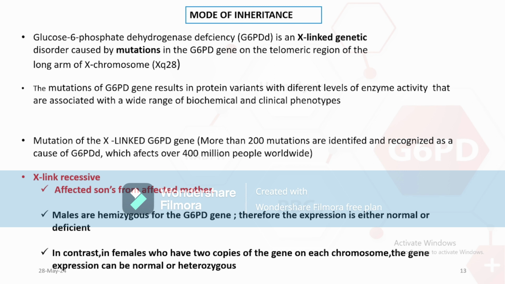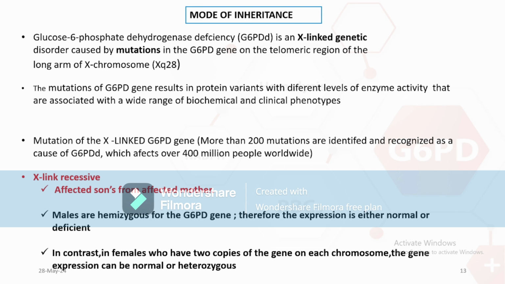This condition is X-linked recessive. When you study pedigree or genetics, when you hear X-linked recessive, it means that affected sons get it from their mother. Anytime it is X-linked dominant, it means that affected daughters also get it from affected fathers. So basically, this is X-linked recessive. Men have only one X chromosome, which is called hemizygous, so the expression is either we have it or we don't.